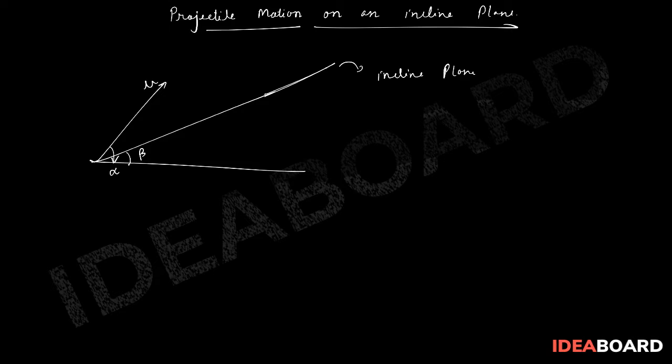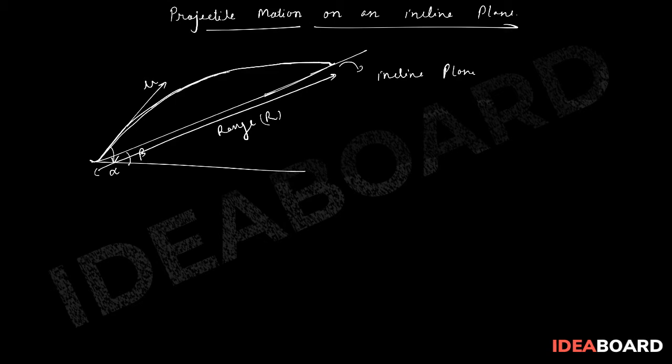Obviously you are seeing that it will do a certain projectile motion like this, and it will strike somewhere on the inclined plane here. So this will be the generated range r.